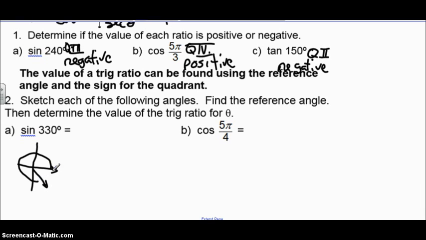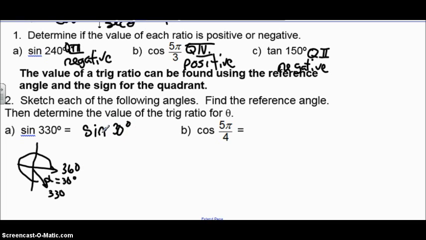Okay, so 330 is here, 360 is here. The closest distance to the x-axis is going to be our reference angle, which is 30 degrees. Okay, so we're going to look for the sine of 30 degrees.